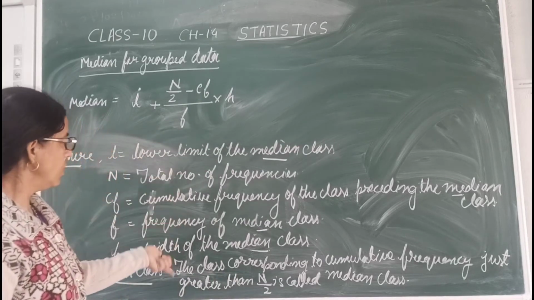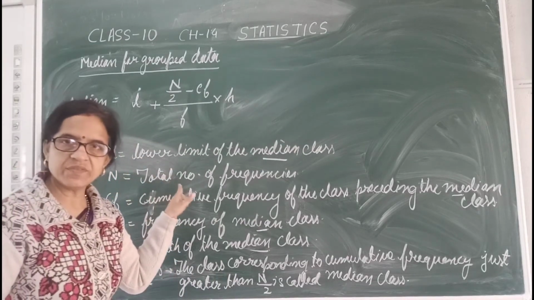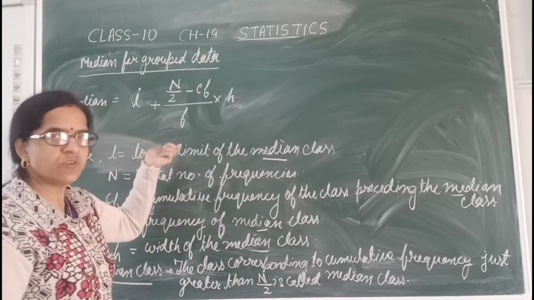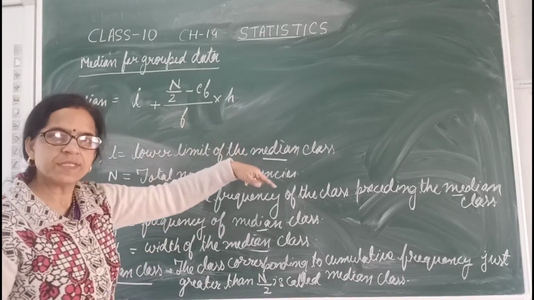So again, the class corresponding to the cumulative frequency just greater than n by 2 is called the median class. With all this introduction, now I am giving a sum and explaining the formula with the help of that sum.